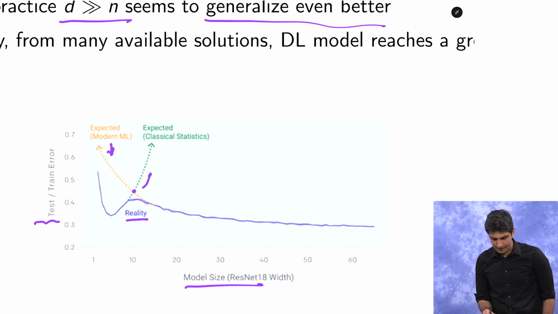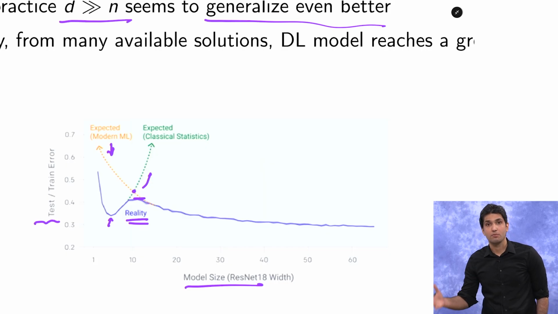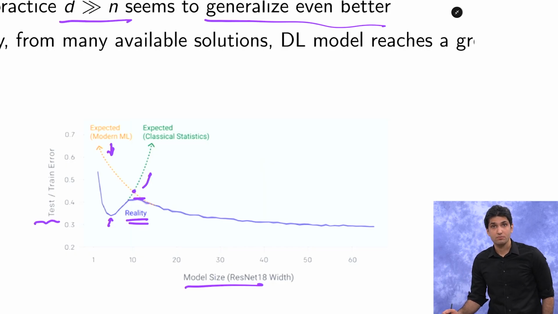What we are seeing in reality is that as I start to increase the size of the model, the test error is going to go down, then it's going to go up, but there is a certain point after which, as the model becomes more overparameterized, the test error starts going down again, such that for a very, very large model, I can actually get better performance.